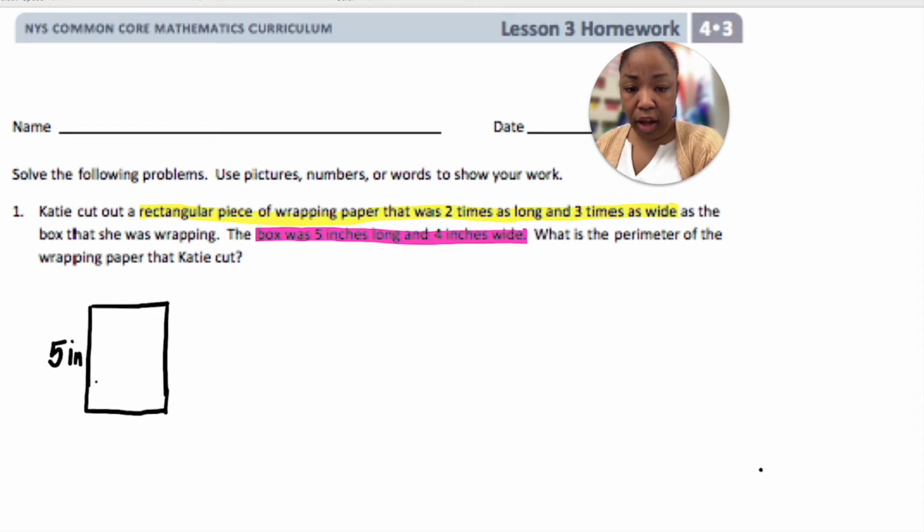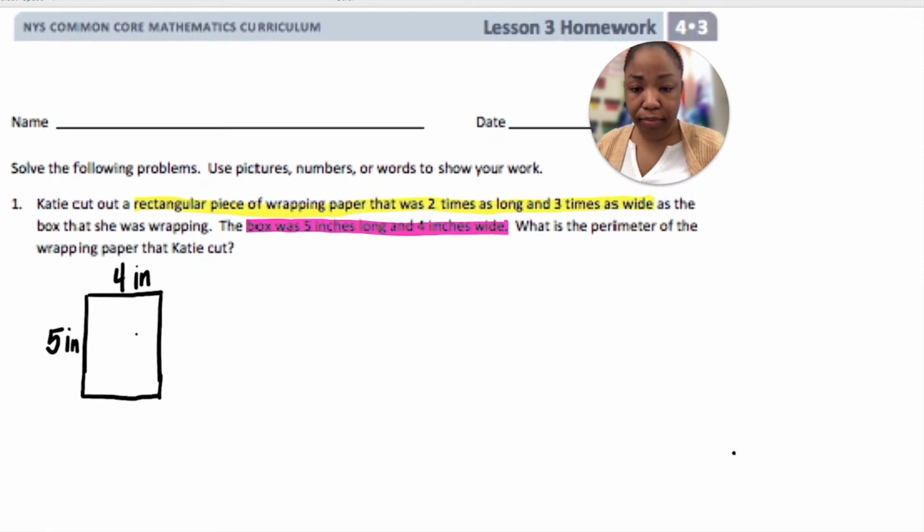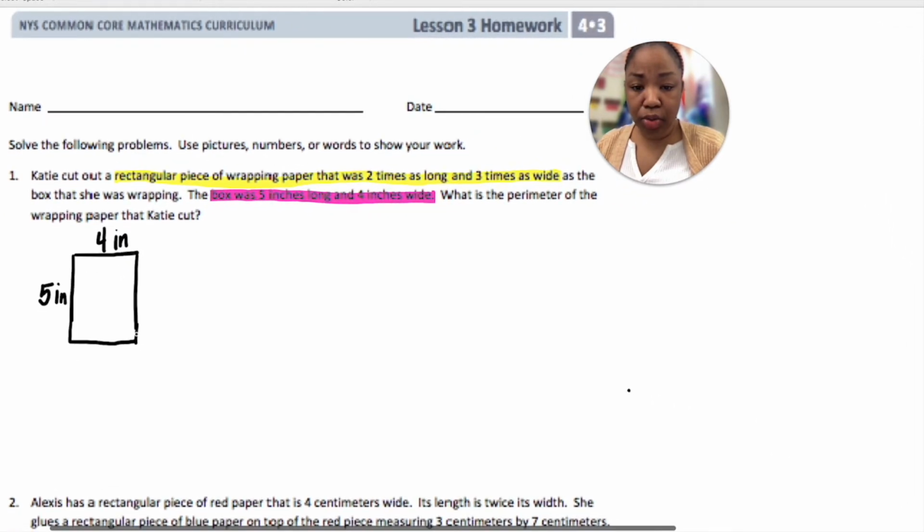And then they also tell us that it is 4 inches wide. So for the width, I'm putting 4. Now, this wrapping paper is 2 times as long as the box and 3 times as wide as the box.